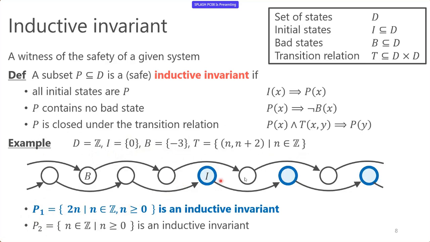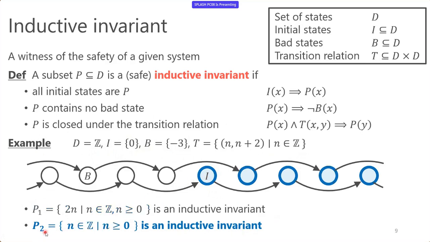P1 represents the set consisting of 2n, where n is greater than or equal to 0, which is an inductive invariant, and it also coincides with the set of reachable states from I. And we also have P2. This is also an inductive invariant, which contains states which are not reachable from the initial state. But this is also an inductive invariant.